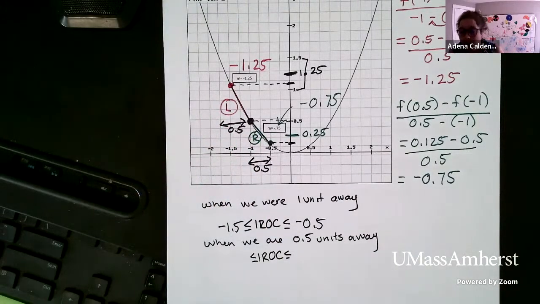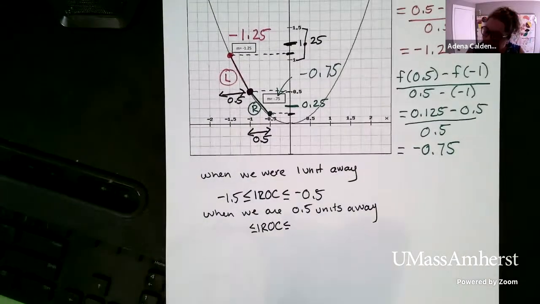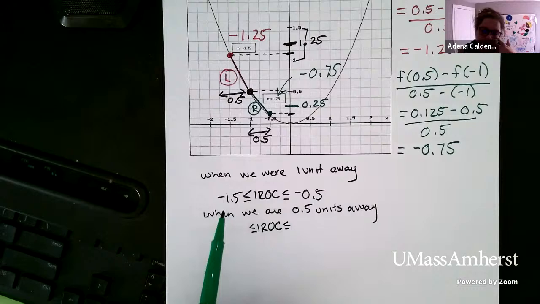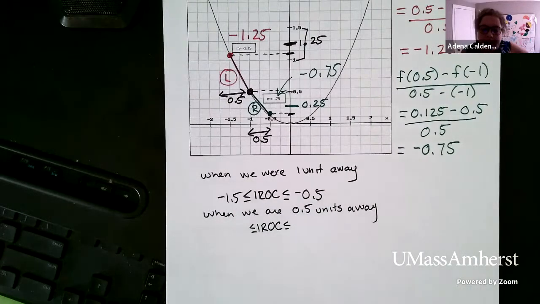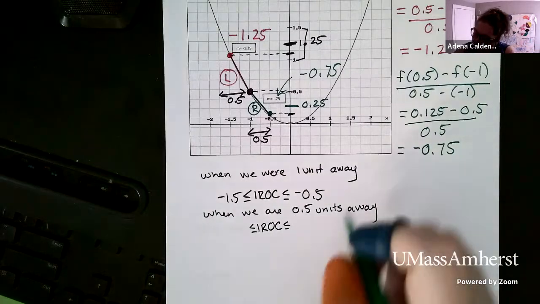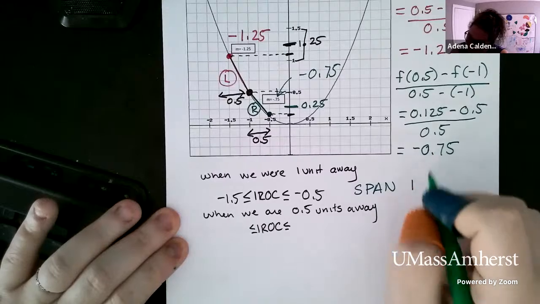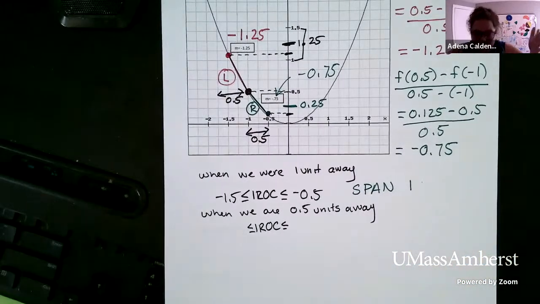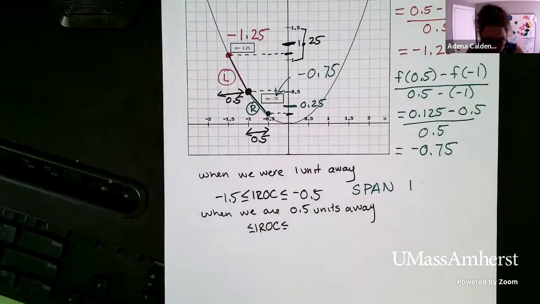That's my slope. And again, I was expecting both of my slopes to be negative since these lines are downward sloping. So how does this compare to when we were further away? Before, we knew that our instantaneous rate of change had to be between negative 1.5 and negative 0.5. So that was a span of one, right? One whole integer, I had to be on that number line somewhere in there.